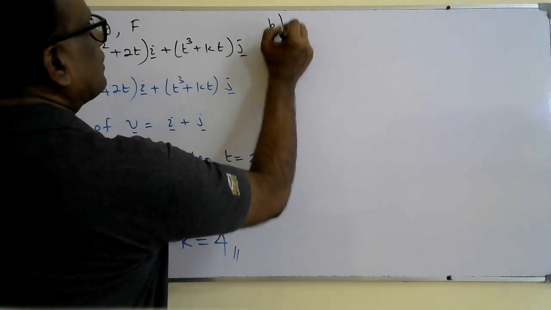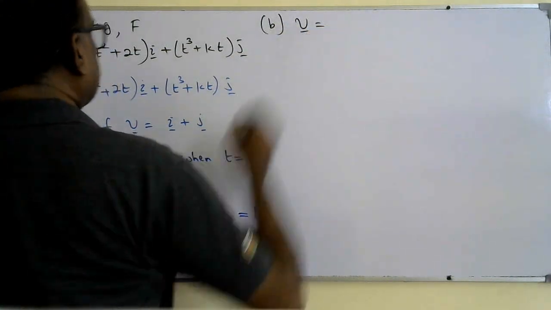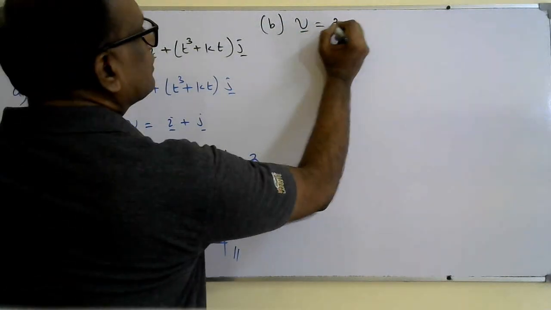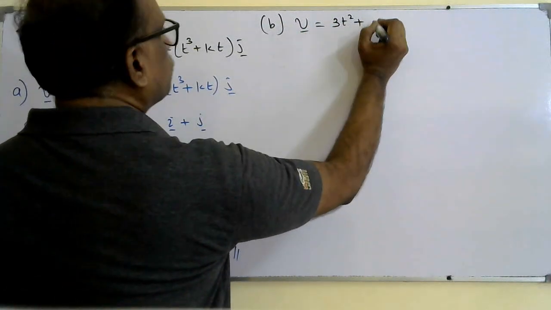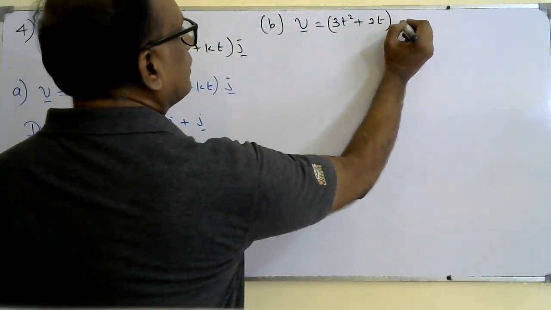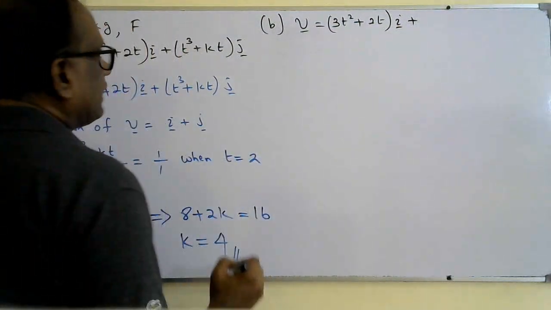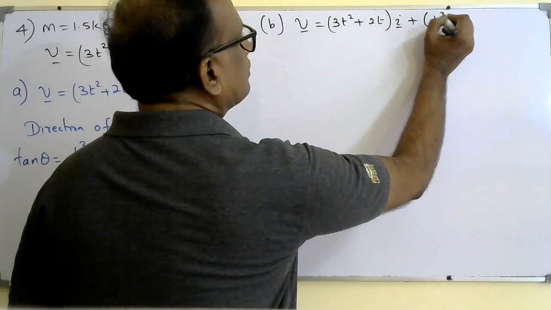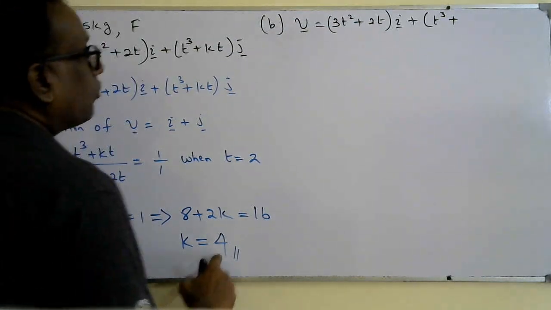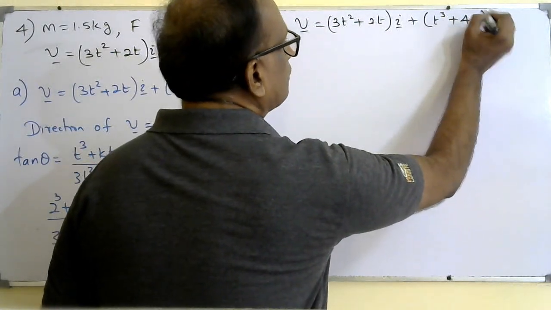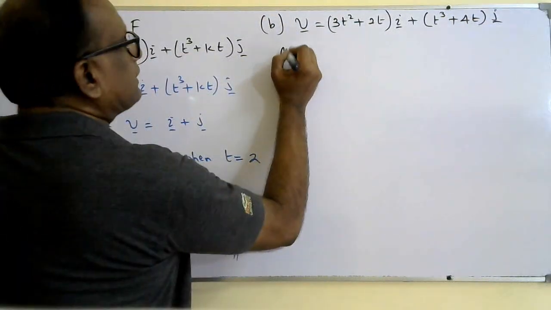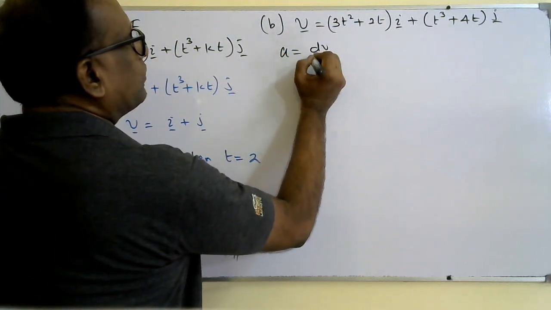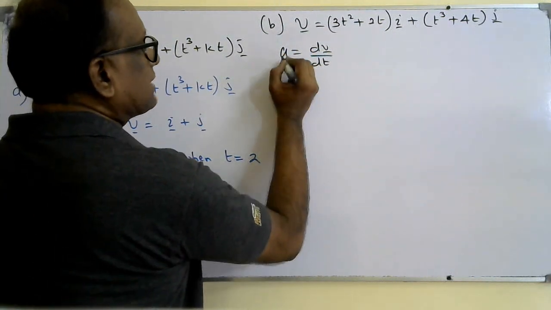So in the B part, we know the velocity vector, that is 3t squared plus 2t i plus t cubed plus, we know k now, 4t j. So acceleration is equal to dv over dt, the acceleration vector.